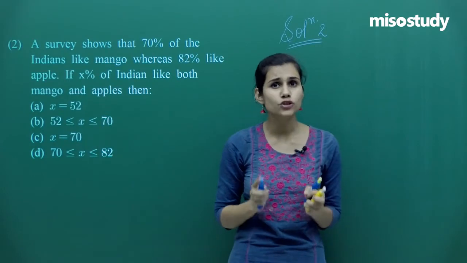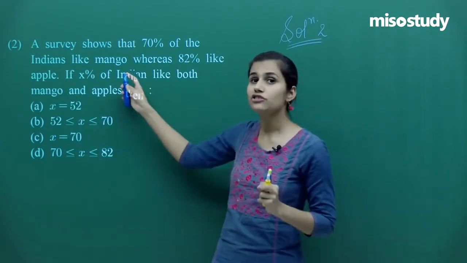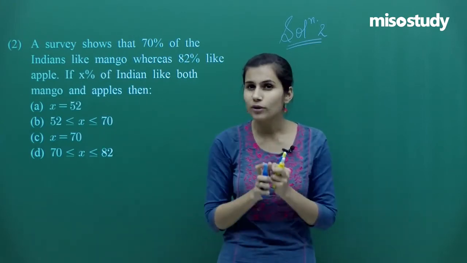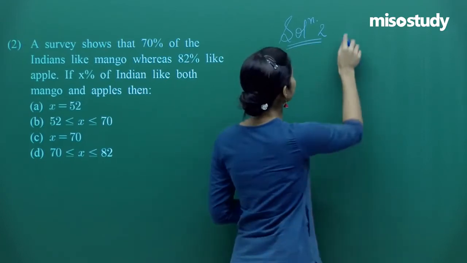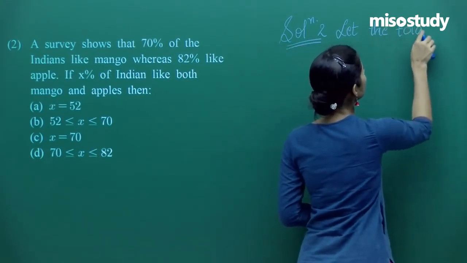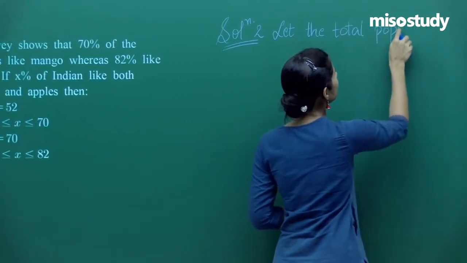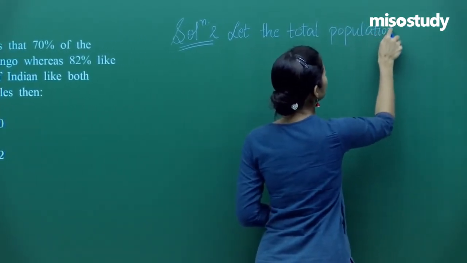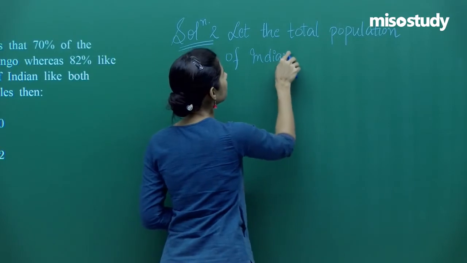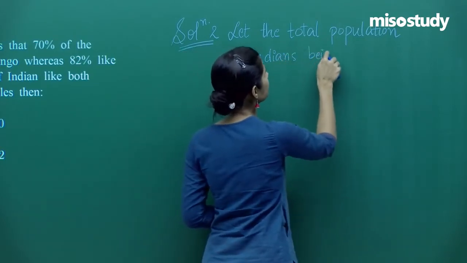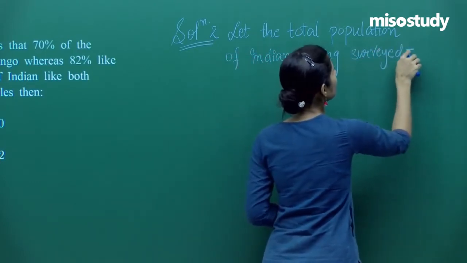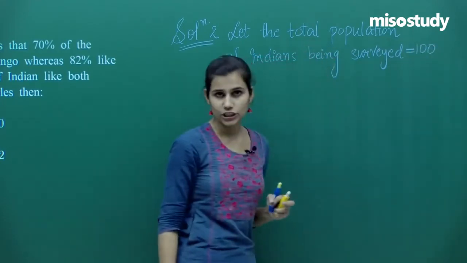I don't know how many total Indians we have, but because percentage is being concerned, it is obviously upon 100, and therefore let us assume the total population of Indians being surveyed is equal to 100.